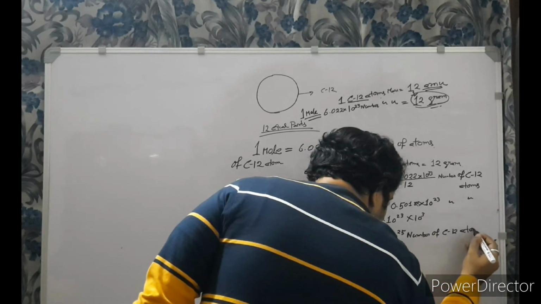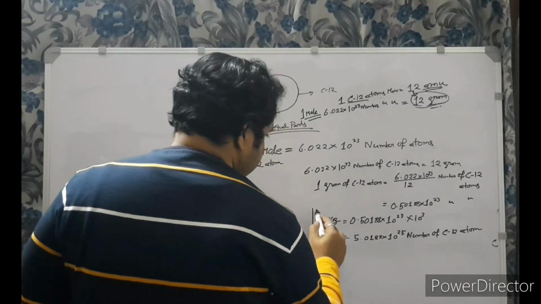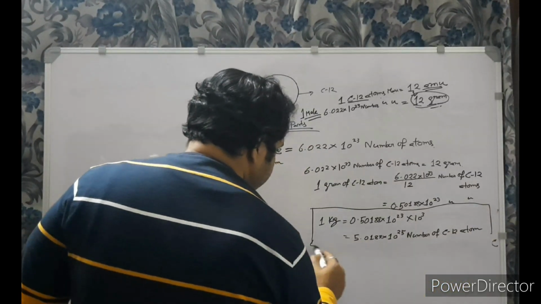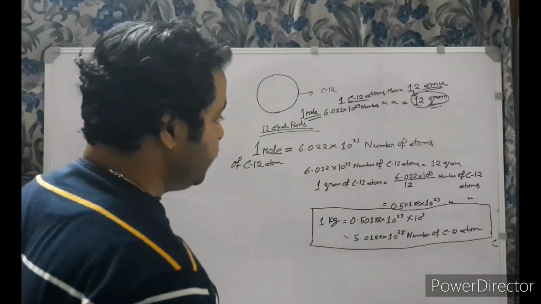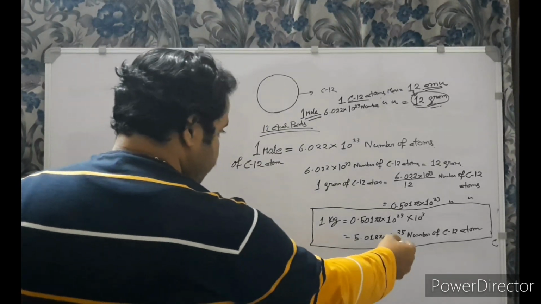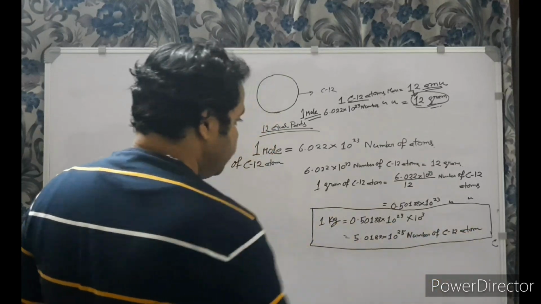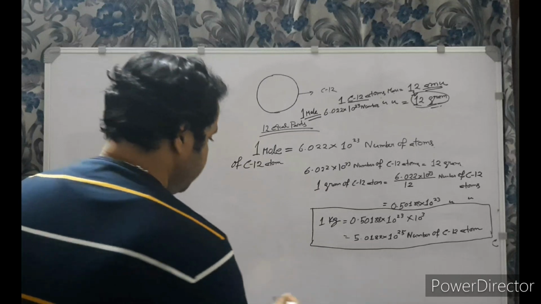C12 atoms. So look, this is very important. Here we have achieved another definition of kilogram. So what is kilogram? Another definition would be: 5.0188 into 10 to the power 25 numbers of C12 atoms is 1 kilogram.